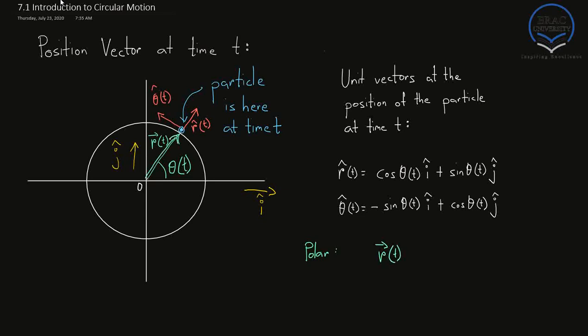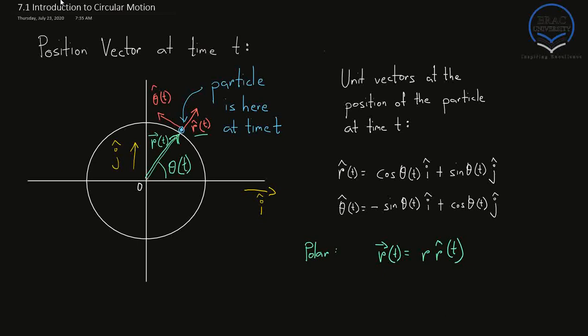It has a magnitude of r, and at time t it points in the direction of r hat of t. So very simply, and this shows us why polar coordinates are so good for talking about circular motion, the position vector is simply given by r times r hat of t.